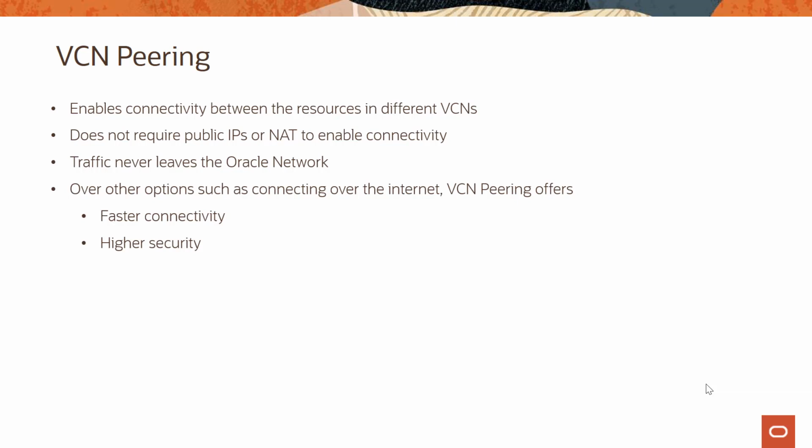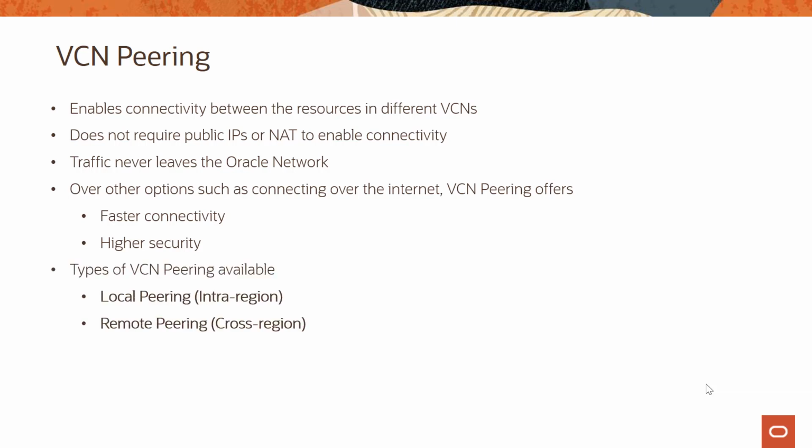If you really think, this also gives way to a use case where you can place your shared resources such as DNS servers, Active Directory, and logging servers into a single VCN, and all other VCNs are then allowed to peer with this shared VCN and can access it privately. Doing this, customers can realize significant TCO benefits from such a VCN peering solution by deploying all shared resources on a single hub VCN.